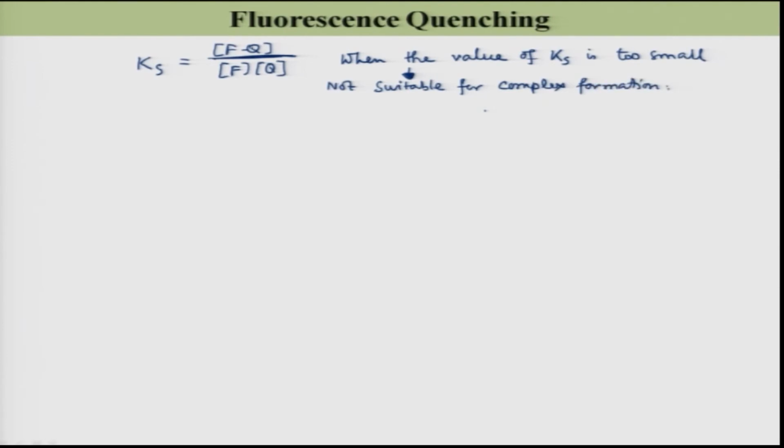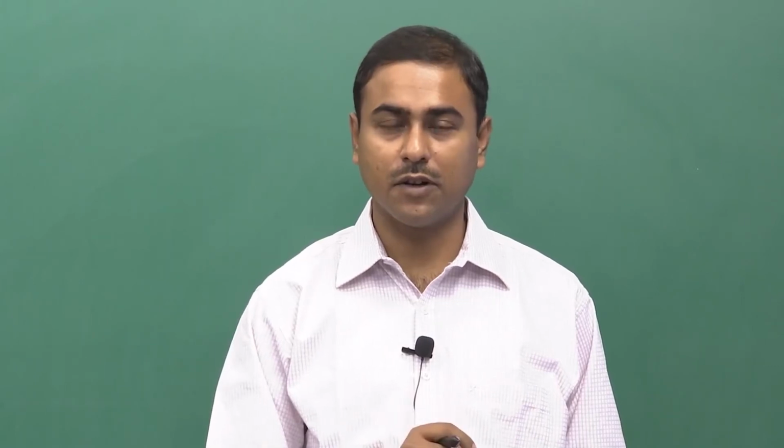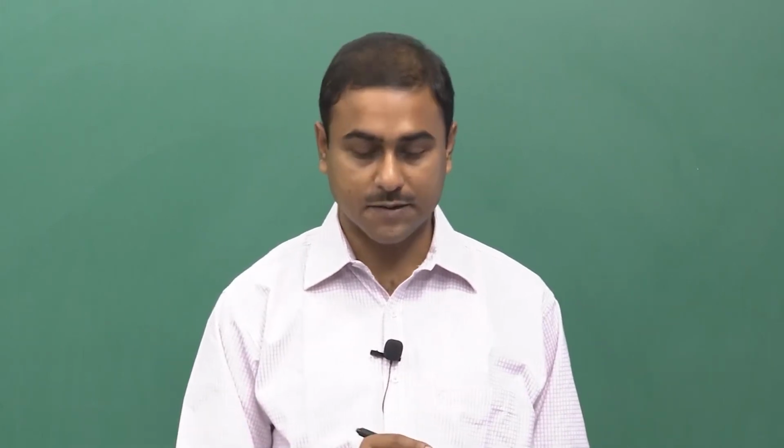So, obviously, people then started thinking about what is the source of such a small value of K S. So, what we have seen here is that the value of K S is really small, and this is not suitable for the complex formation. And to explain this phenomenon, that very small value of K S, people have tried to describe the situation in a different way. Let us see that.